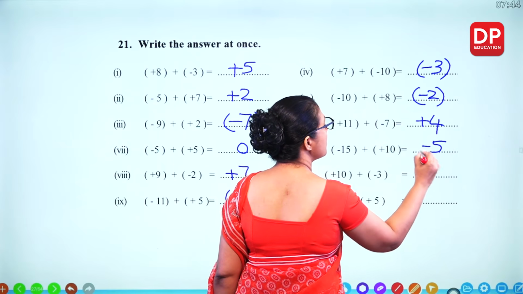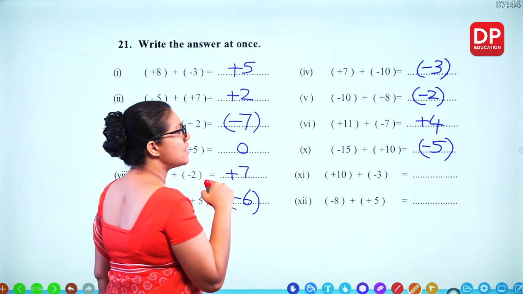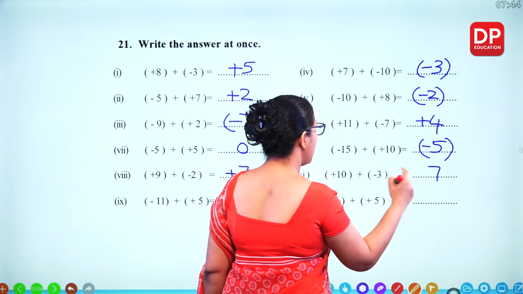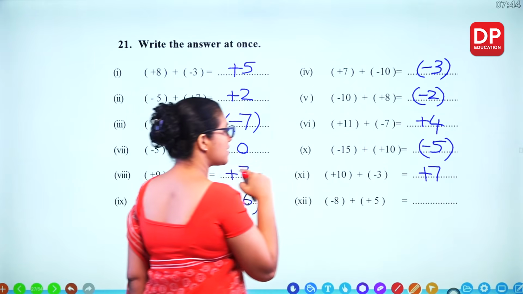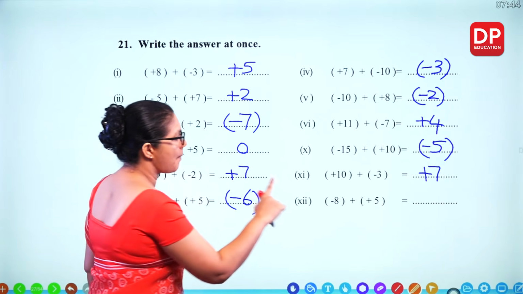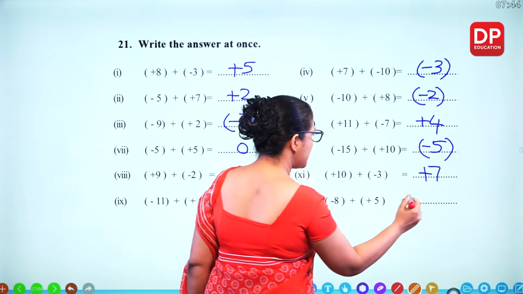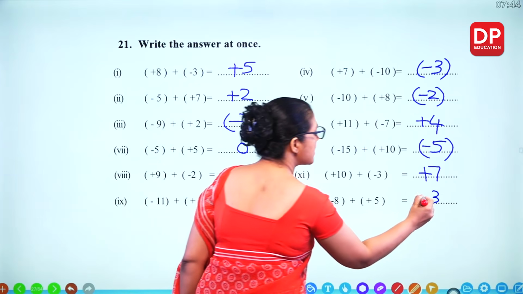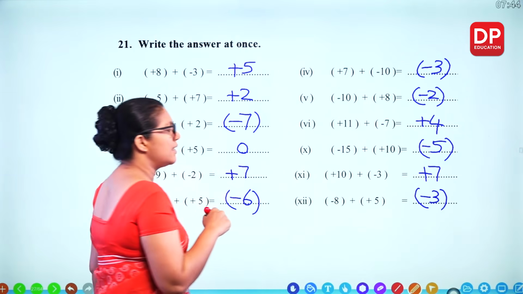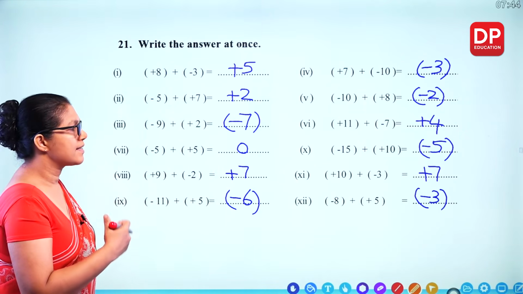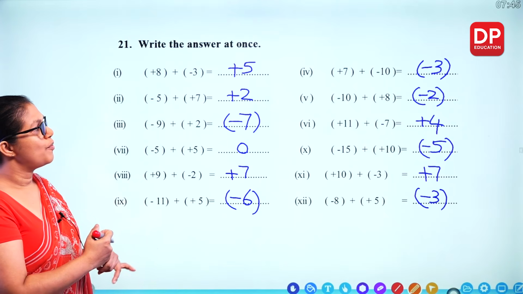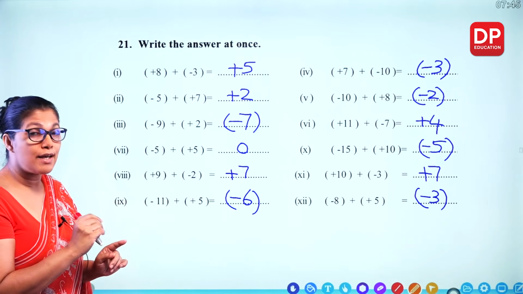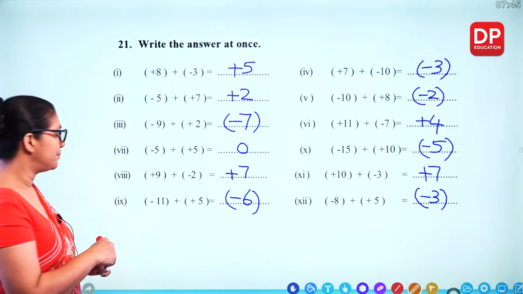Negative sign is bigger, so you put negative. 10 and 3, that's 7. Plus 7 because 10 is bigger. Minus 8 and 5, difference is 3. Which one is bigger? Minus 8. 8 is bigger, so that's minus sign. So when you get two different signs, take the difference and put the sign of the bigger number.